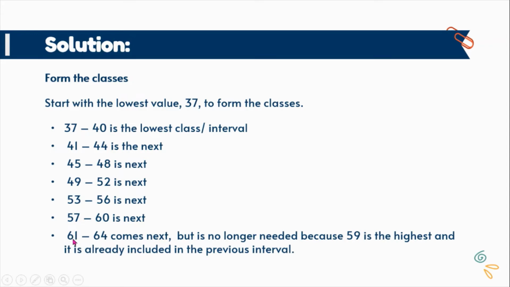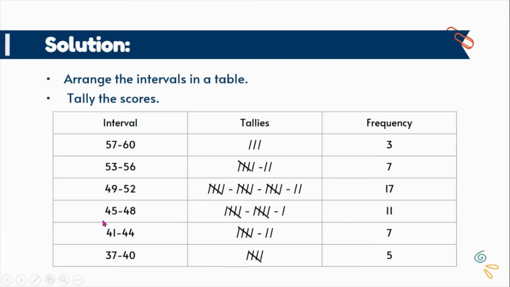But this interval 61 to 64 is no longer needed since 59 is the highest and it is already included in the previous interval, which is 57 to 60. Therefore, we only have 6 classes or intervals, from 37 to 40 up until 57 to 60.